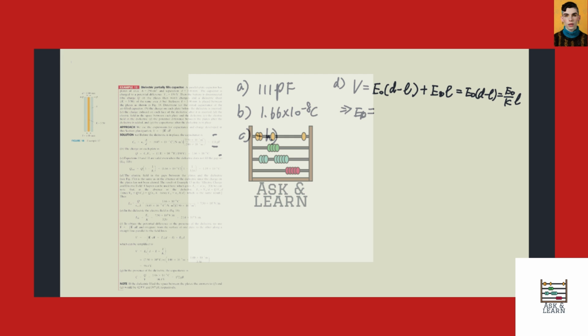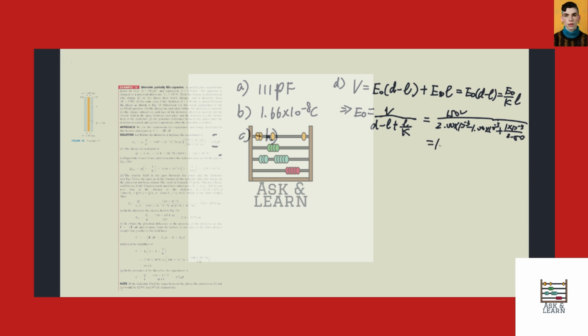Let's find E naught since that's easier. E naught equals V over (d minus L plus L over K), which is 150 volts over 2 millimeter minus 1 millimeter plus 1 millimeter divided by 3.5.